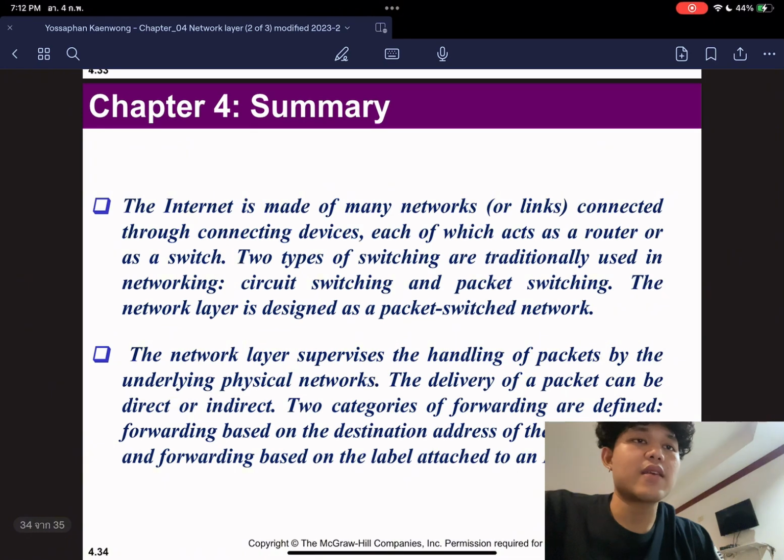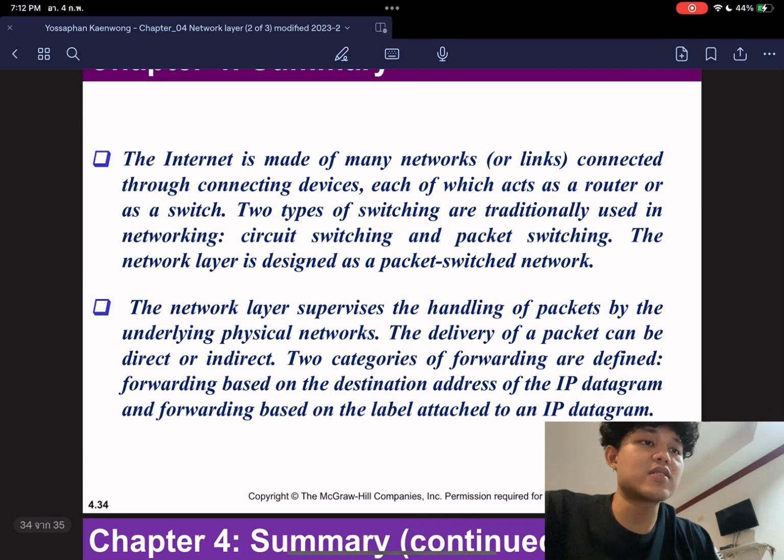So in summary, the Internet is made of many networks or links, connected by connecting devices, each of which acts as a router or as a switch. Two types of switching are traditionally used in networking: circuit switching and packet switching. The network layer is designed as a packet-switched network.